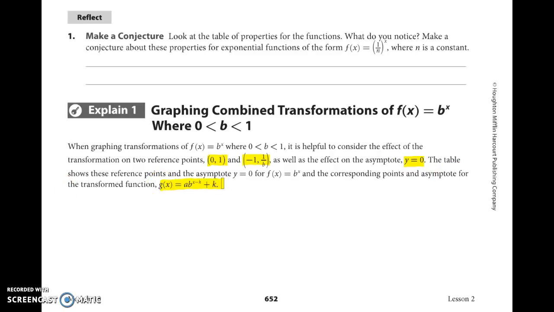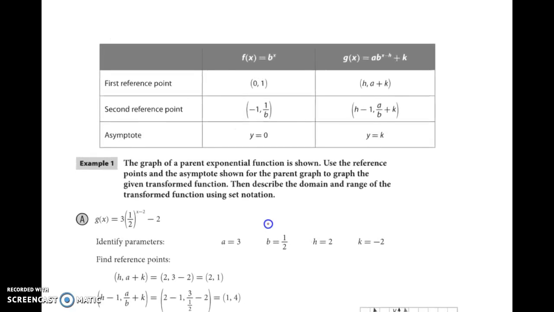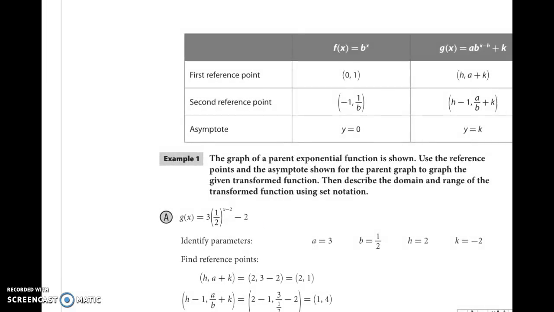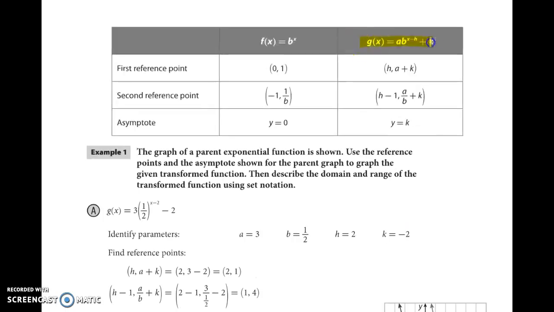So I'm going to flip the page and look at the chart that they're talking about. So here's the chart, and here is that transformational form. Our first reference point, if it was just b to the x, would be 0, 1. But when we have a function with translations, what are those shifts going to do?